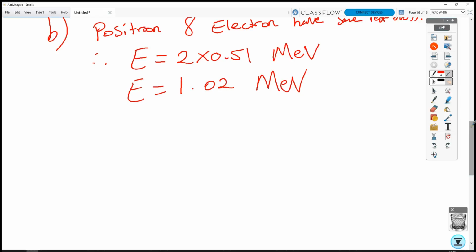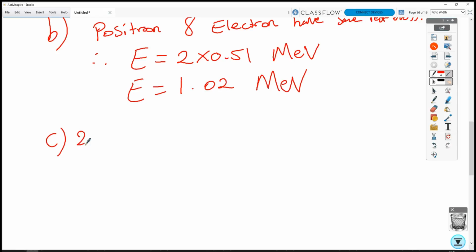Or we can take our answer from part B and convert that, which is longer. So I'm going to take the easier way.